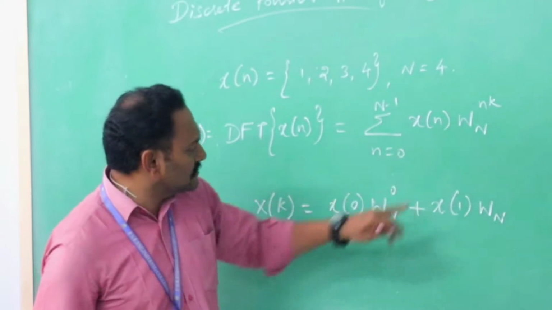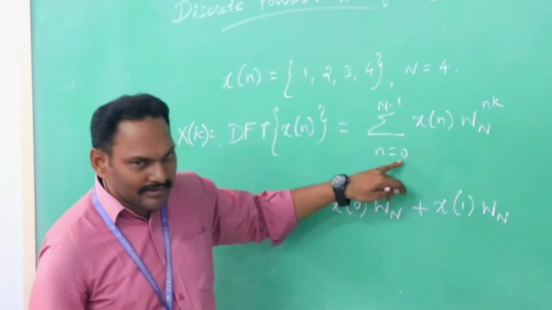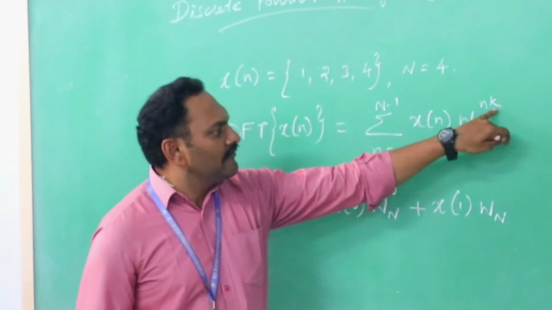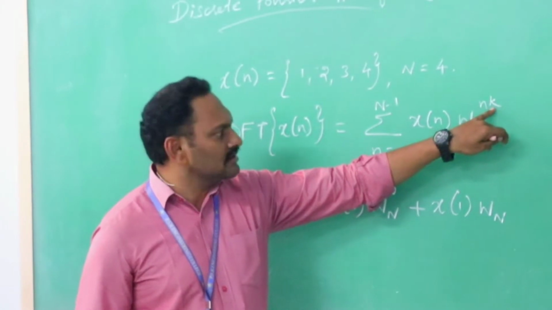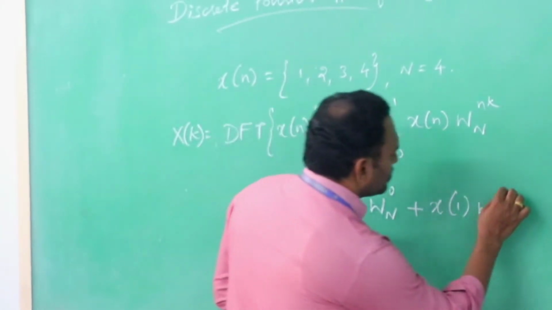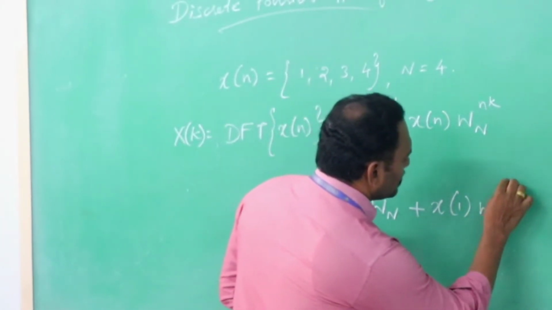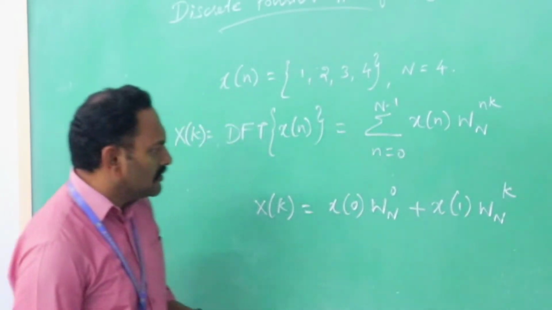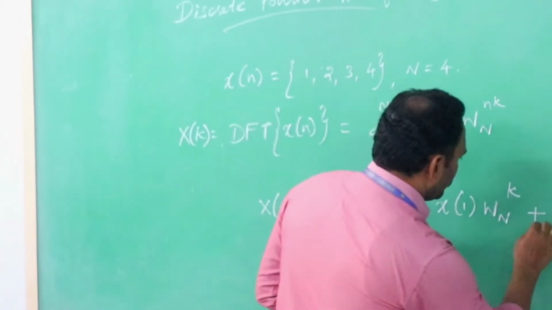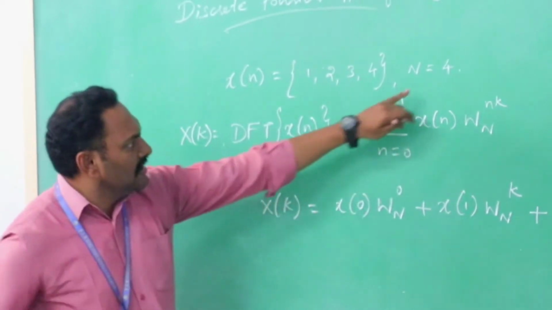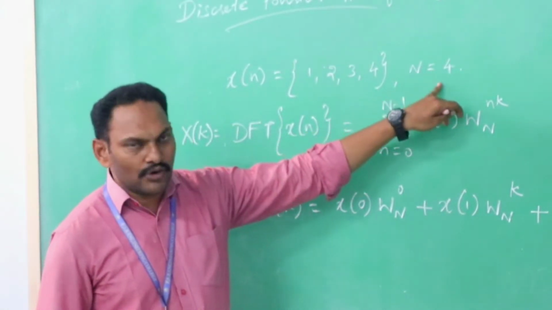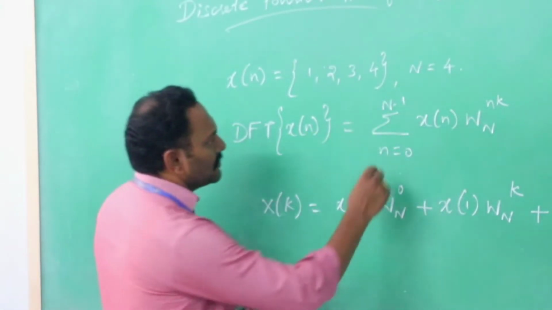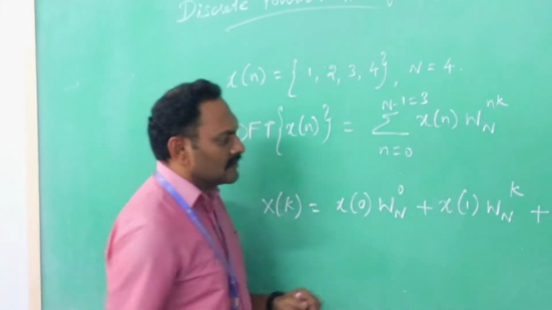Here we substitute only the limit n, whereas k is the product term, so multiplying n with k we get k. Plus, while substituting the third limit, we already know that N is equal to 4, so the upper limit will be 3.